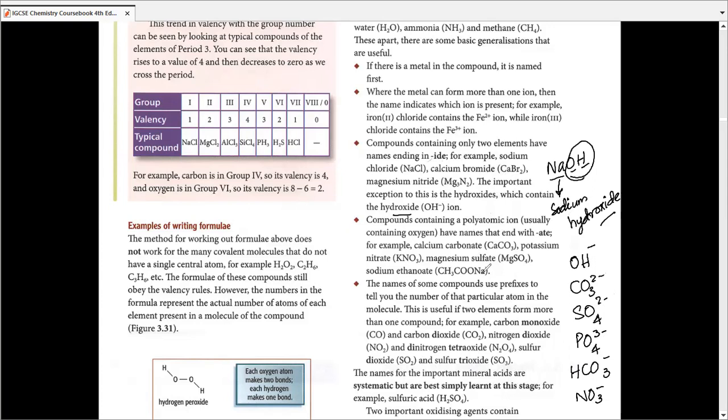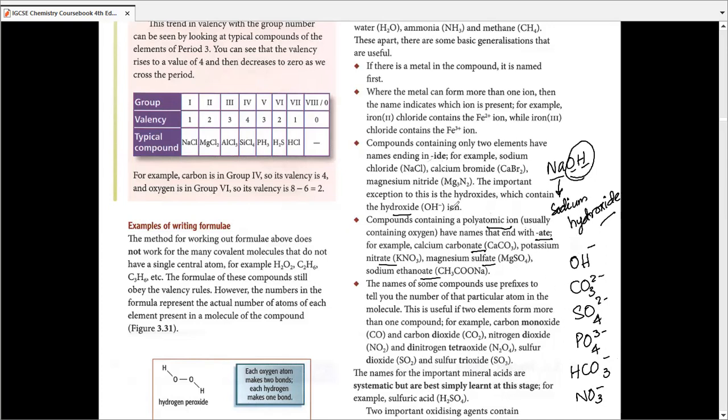Moving on to the next point, we'll use these: carbonate, sulfate, phosphate, hydrogen carbonate, or nitrate. And in this case, compounds have the polyatomic ions. And the good part about polyatomic ions is that the names end with ATE: carbonate, phosphate, sulfate, nitrate. So it's pretty easy to come up with the names of polyatomic ions.